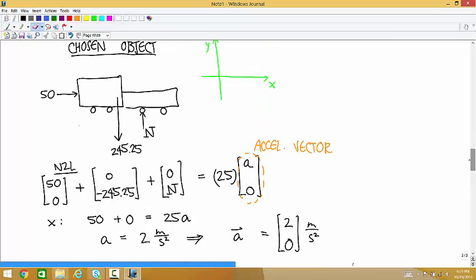So remember, Newton's second law says add up all the forces, that's equal to the mass times the acceleration vector. So the acceleration vector is this thing that's in the dotted orange. We just didn't know yet what a is. And once we solve for that, we could plug it back in and get the acceleration vector numerically.